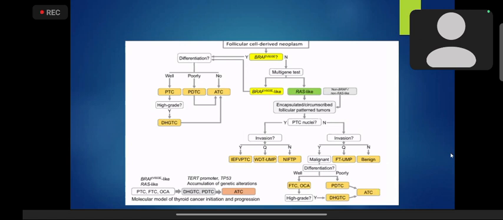Why? Don't know, ma'am. Why? No, so again, RAI responsive patients should do well, but why are they not doing well? Correct. So we are talking about proven poorly differentiated thyroid cancers.